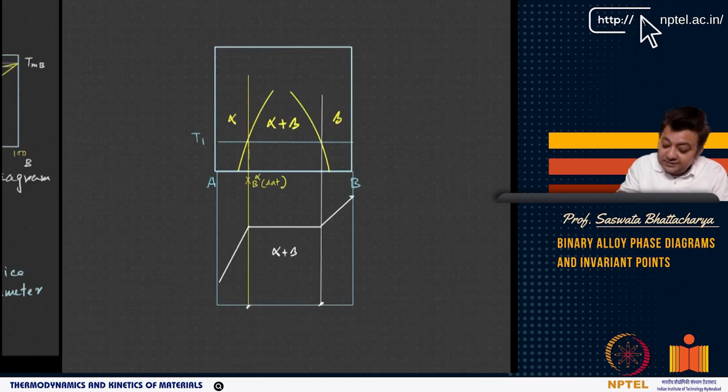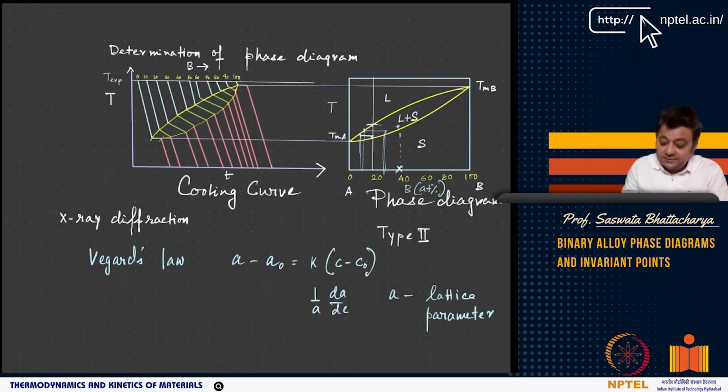This is given by Vegard's law, which states that the lattice parameter as a function of composition is linear. You can write A minus A naught equals K times C minus C naught, where K is the Vegard's law constant, which is 1 by A dA dC.